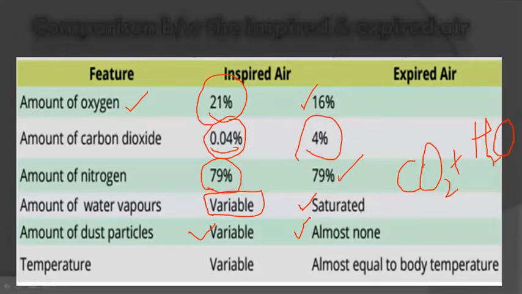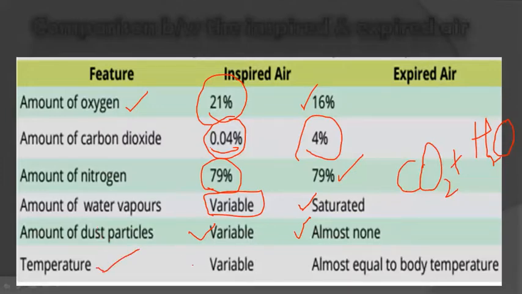All these parts have mucus and small cilia, which trap these dust particles, and they are removed in the form of phlegm or sputum, and not exhaled anymore.